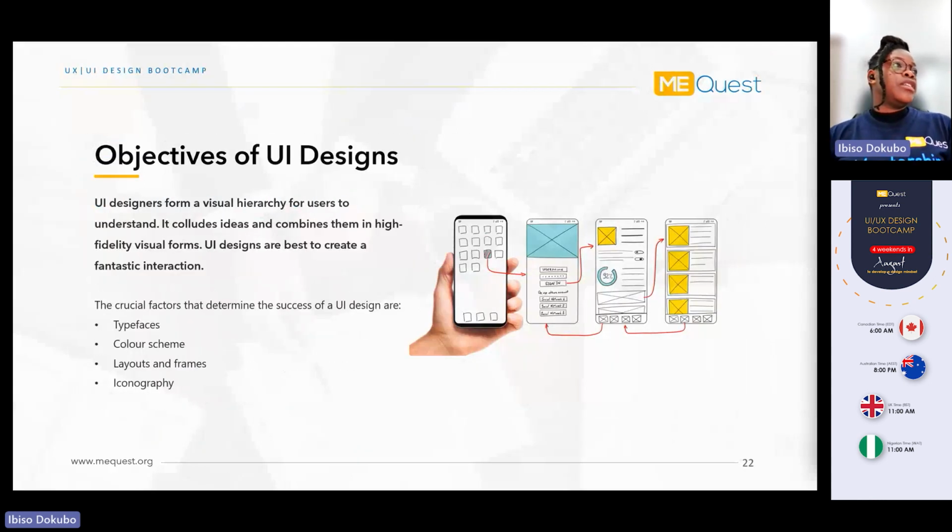Now, what are the objectives? UI designers form a visual hierarchy for users to understand it. So the objective of UI on this slide is not different from what we've been talking about since, but just for us to pinpoint again: typeface, these are fonts, right?